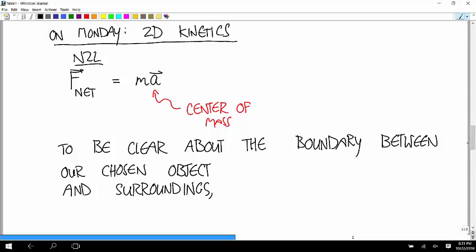We're going to draw a free body diagram every time that we use Newton's second law.